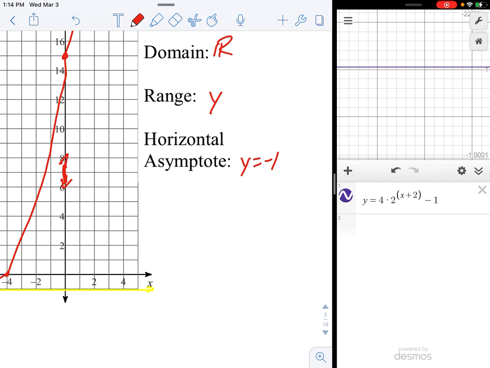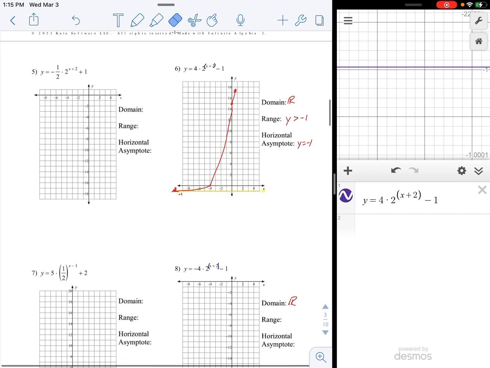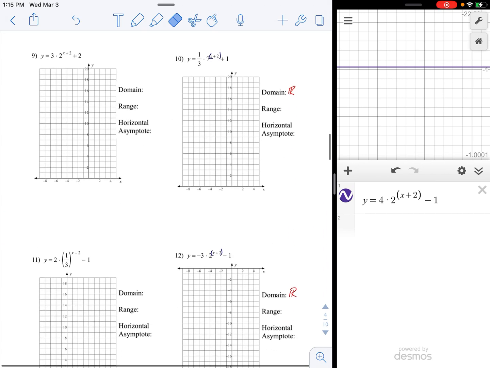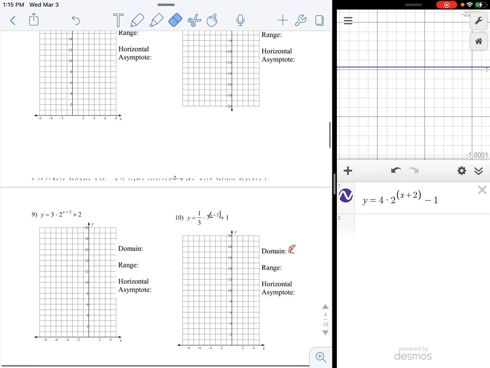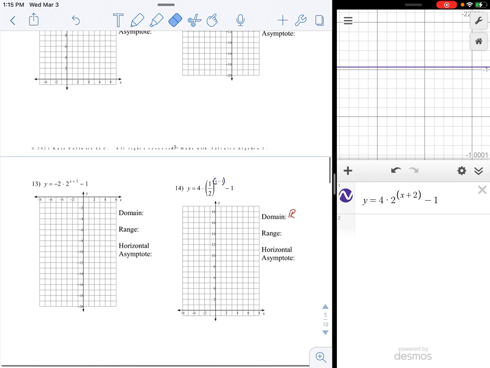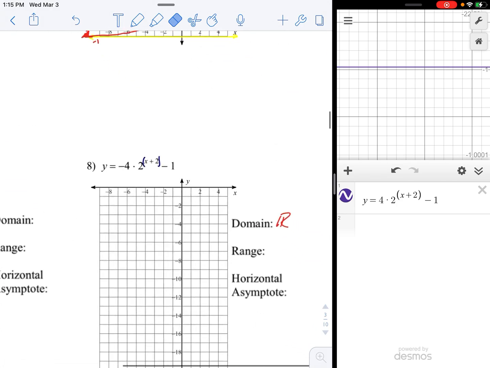Range is always going to be a y. y is greater than negative 1. These are almost identical. One is equals, one is greater than. Does that mean range is always going to have a greater than? Not necessarily. But we'll get to one that doesn't, I hope. Yep, okay. All right, let's do this next one.